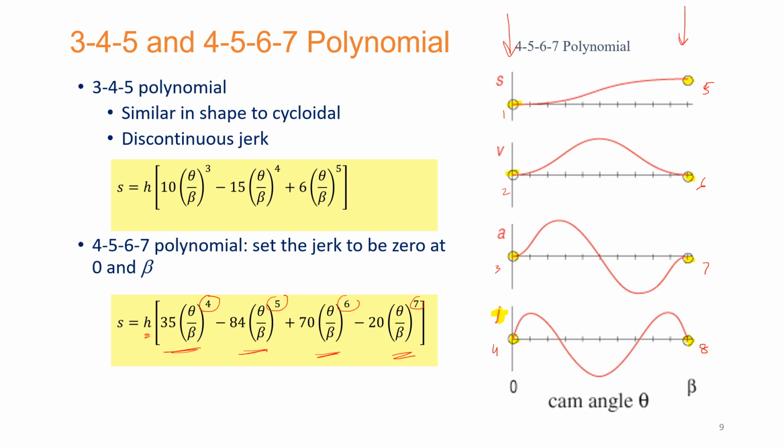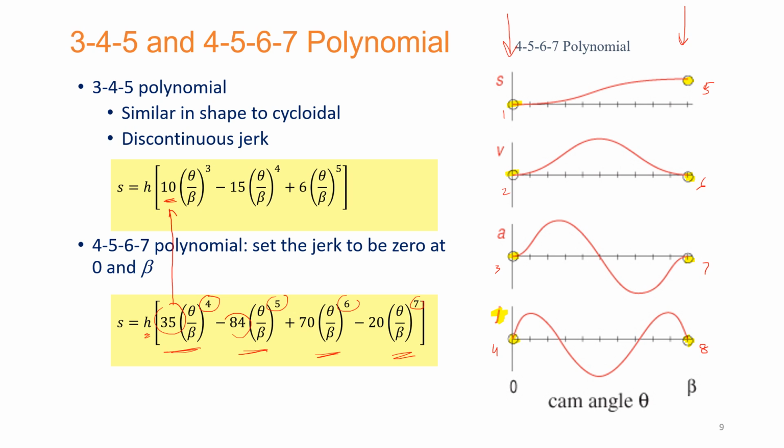That's why it is called 4, 5, 6, 7 polynomial, because of the structure of this polynomial. But the other thing that you can readily identify, that the coefficients of 3, 4, 5 polynomials were a bit smaller in their values as compared to the coefficients over here. So this 35 seems a bit bigger, or quite a bit bigger than 10 over here.